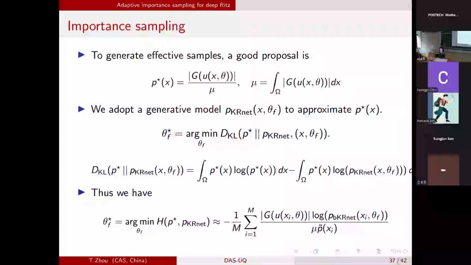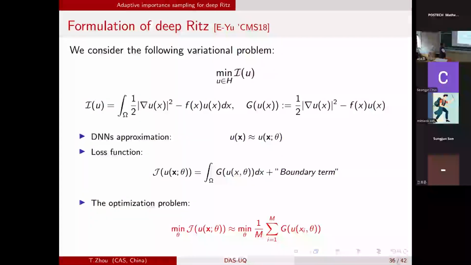That's because for the variational formula, this quantity is not always positive. So you have to consider a positive quantity to learn a density, since the density is always positive.